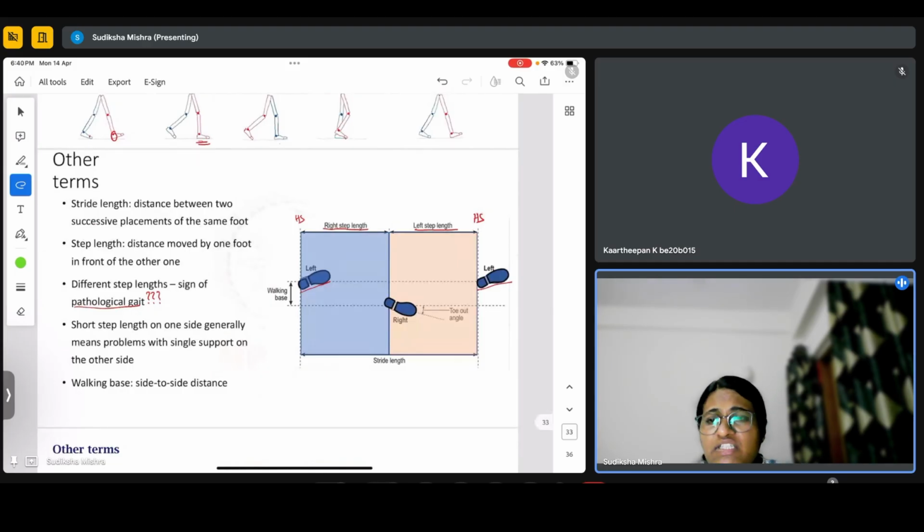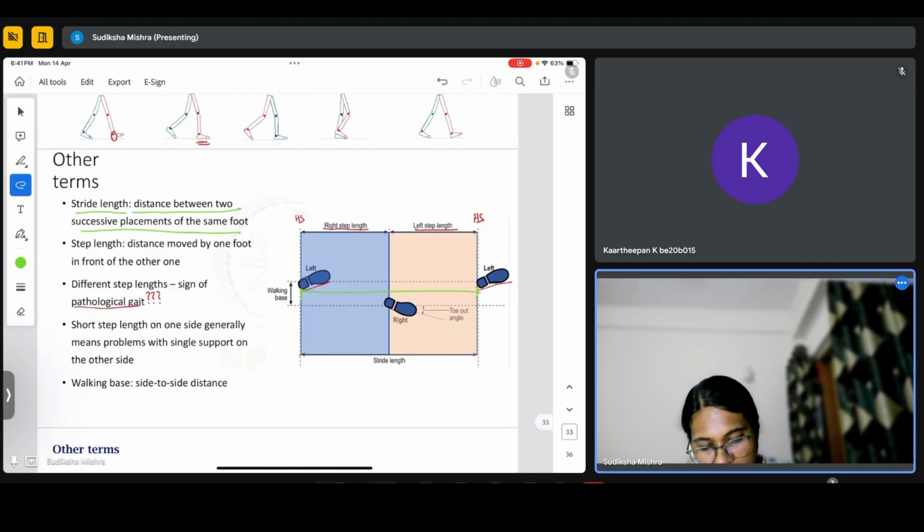Some of the other terms that one would encounter while looking at gait are stride length, which is essentially this distance. It's the distance between two successive placements of the same foot.